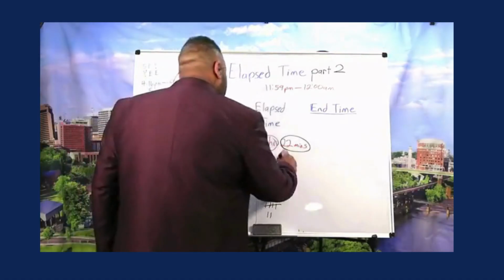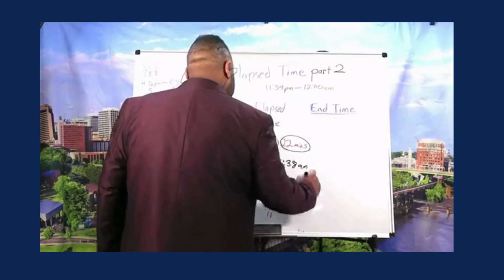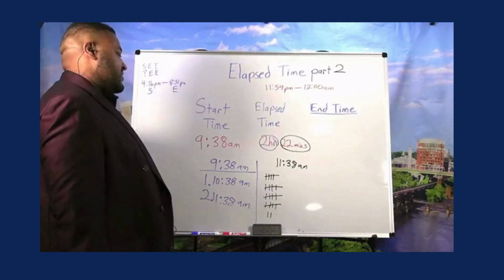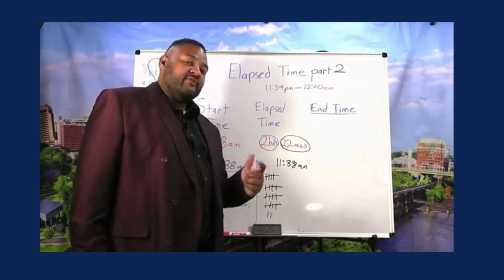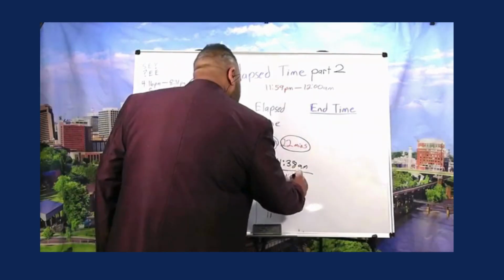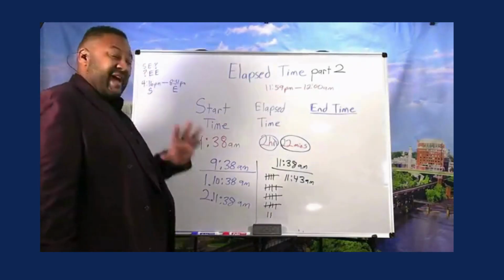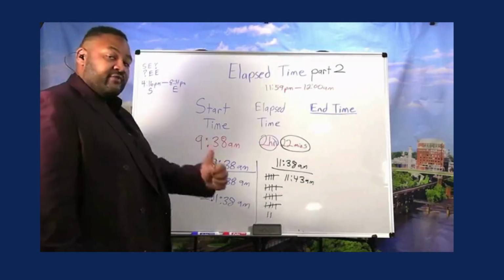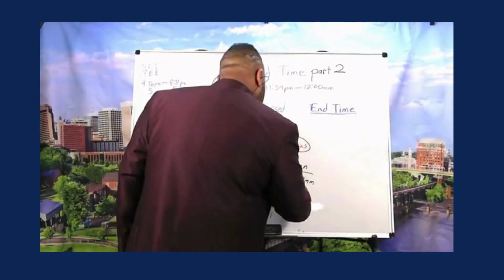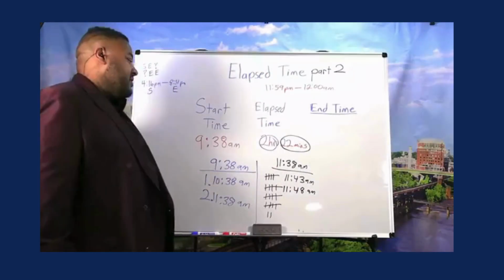So I bring this over here. 11:38 a.m. And what comes after 38? 39, 40, 41, 42, 43. 11:43 a.m. I'm going to add another 5. 43, 44, 45, 46, 47, 48. 11:48 a.m. Add another 5.